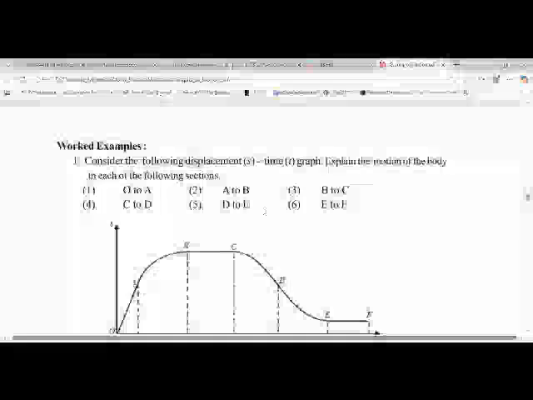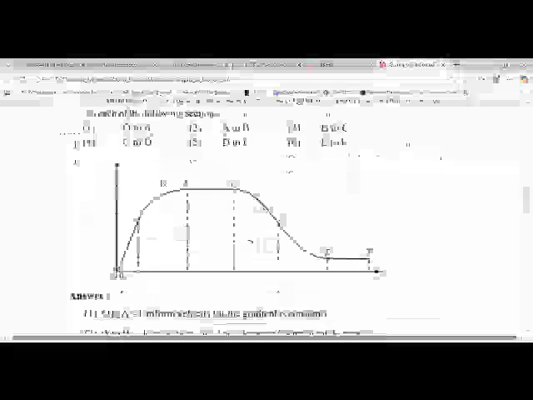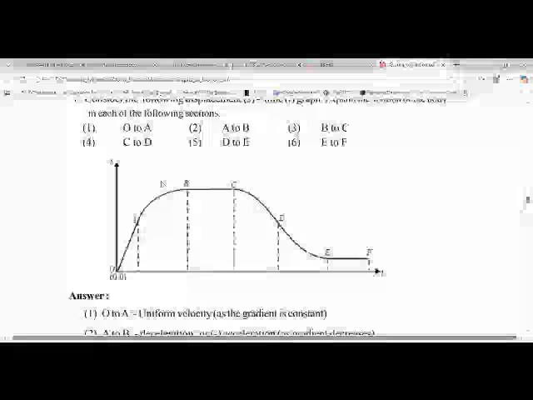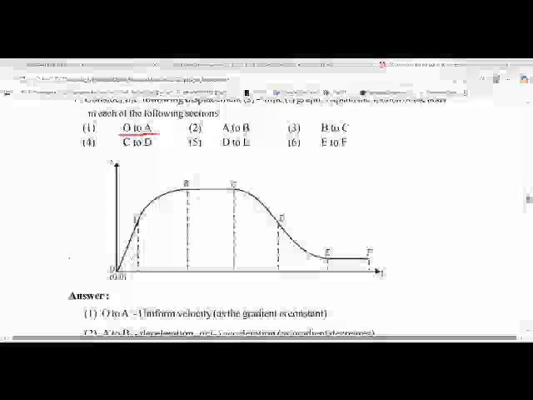Then consider the worked example. Consider the following displacement time graph. Explain the motion of the body in each of the following sections. You have to recognize each part, O to A. What about this graph?